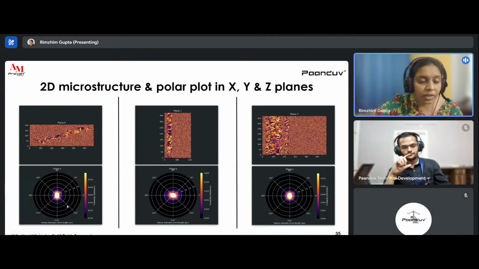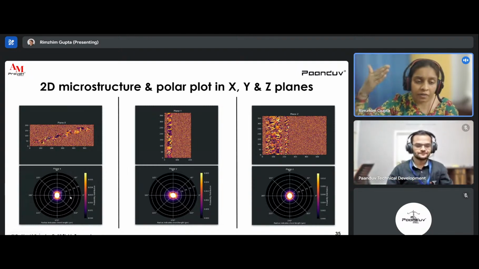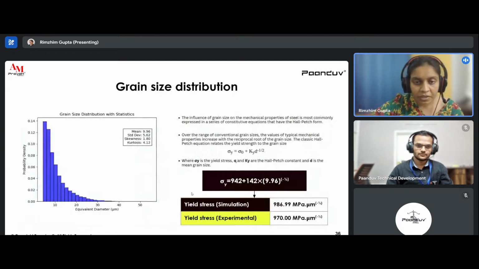These polar plots will indicate that at this particular plane, in which direction my grains are oriented. And there are some numbers which will give you the size range of the grains in that particular direction.